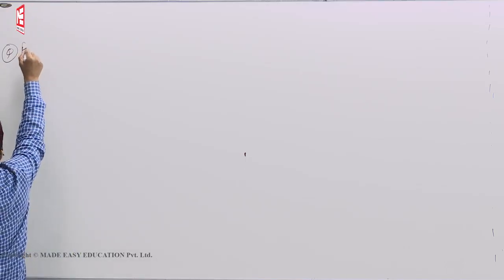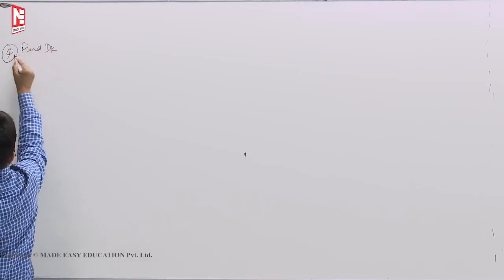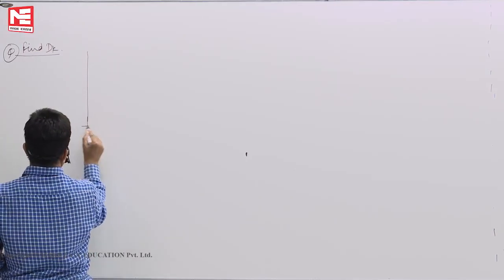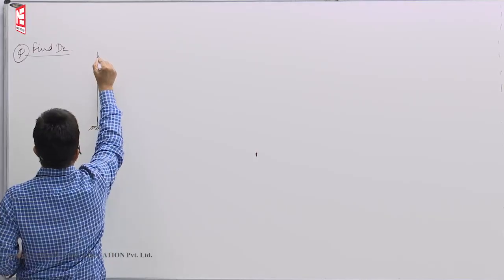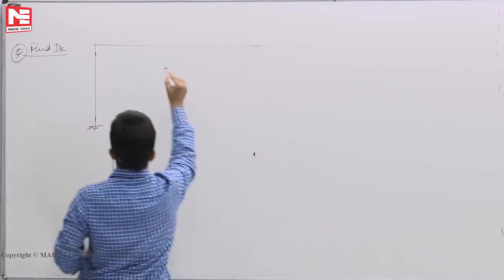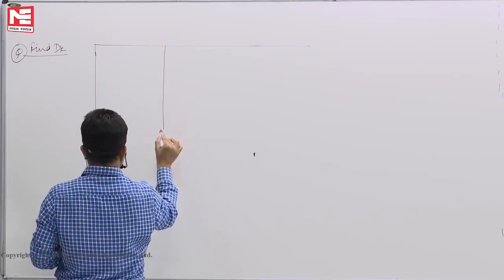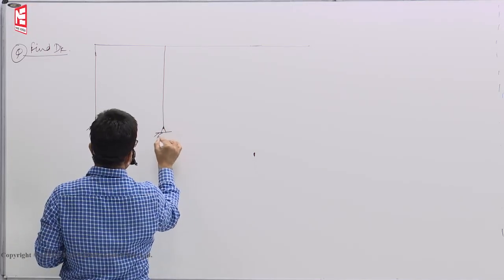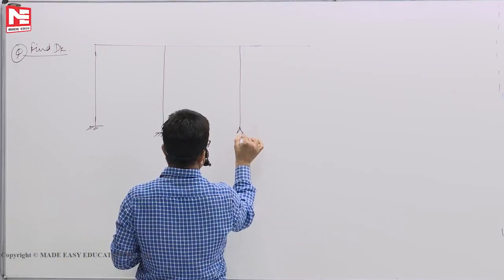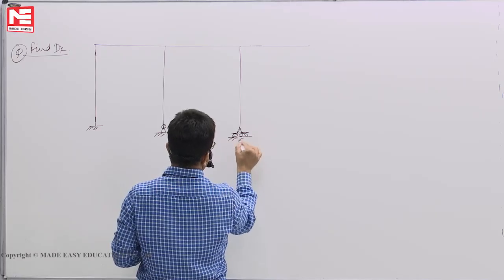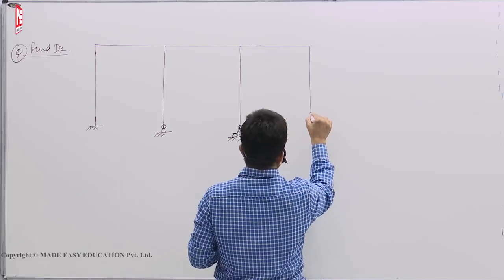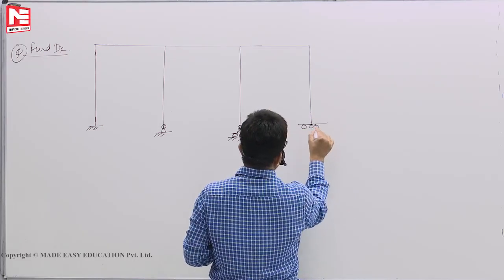Find dk. This is a hinge support. A roller support, and this is a guided roller support.